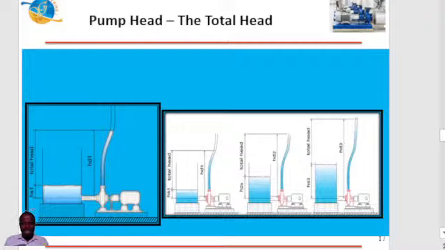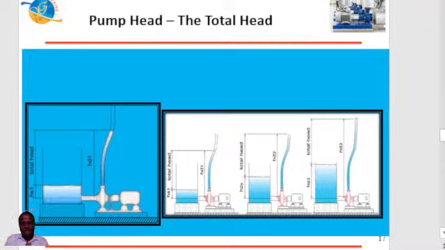Instead, what the pump manufacturer or supplier will report is the pump's total head, which you see on your pump curve.